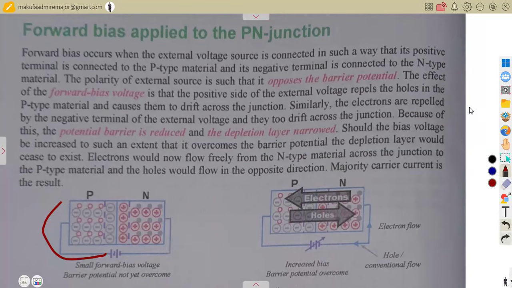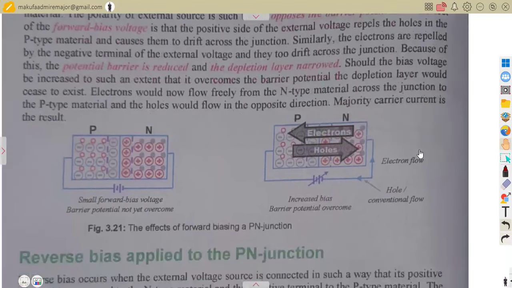In this case, the polarity of the external source is such that it opposes the barrier potential. The effect of the forward bias voltage is that the positive side of the external voltage repels the holes in the P-type material and causes them to drift across the junction. That is the most important part when dealing with forward bias.